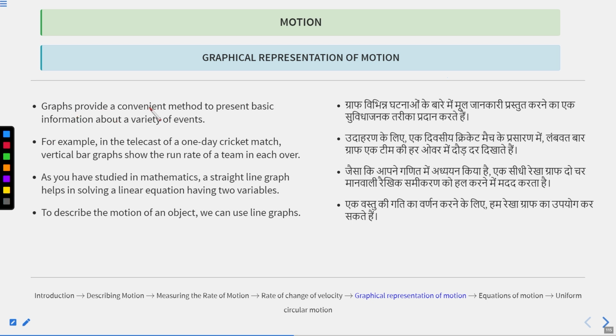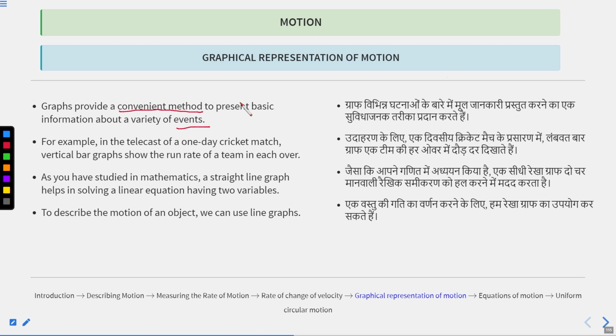Graphs provide a convenient method to present basic information about a variety of events. For example, that IPL graph gives a lot of information about how a team is doing, in which over how much it scored.